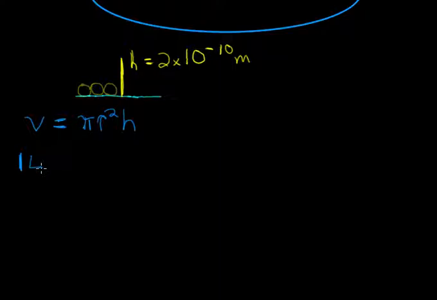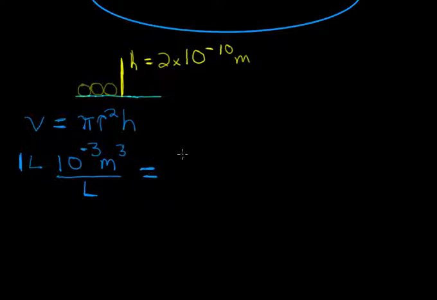Always keep these sheets handy. So 1 liter is 10 to the negative 3 meters cubed. So I can set up my first conversion factor here, 10 to the negative 3 meters cubed divided by a liter. So I've now gotten this into meters cubed.